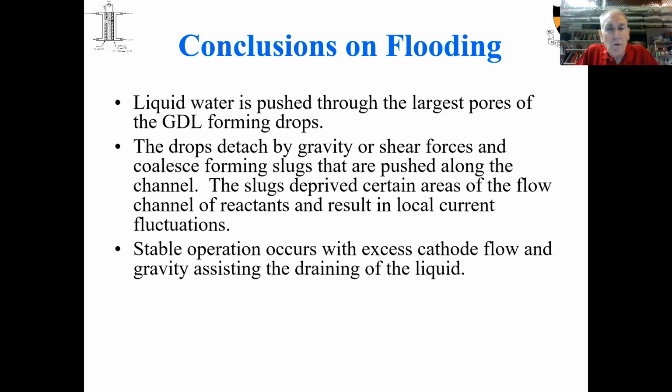The slugs deprive certain areas of the flow channels of reactants and result in local current fluctuations. And stable operation occurs with excess cathode flow and gravity assisting the draining of the liquid.